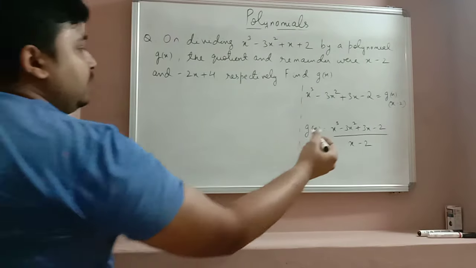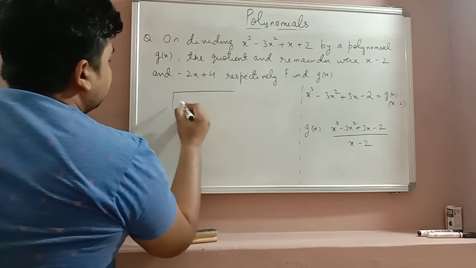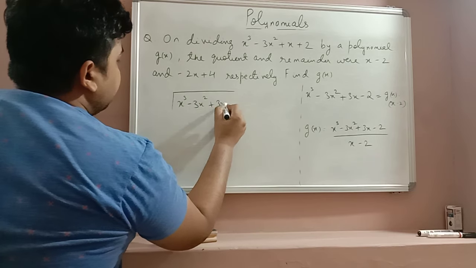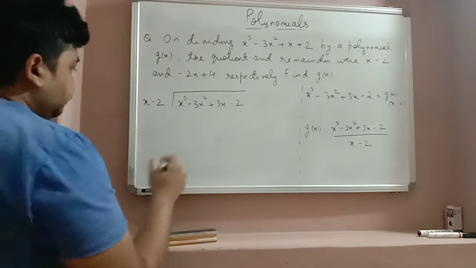Okay, so let's divide this numerator by denominator. It is x cube minus 3x square plus 3x minus 2 divided by x minus 2.